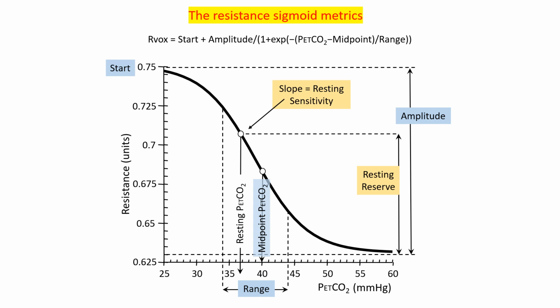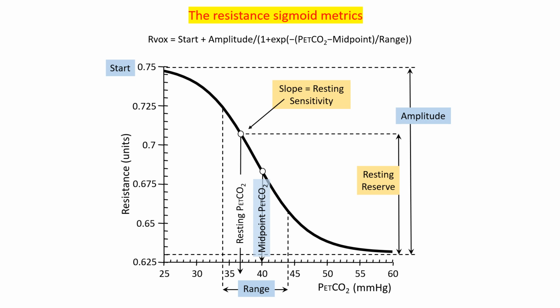The model simply converts the BOLD signal variation in response to the global CO2 stimulus into a more physiologically meaningful sigmoidal resistance form, where the parameters of the resistance sigmoid provide a description of the voxel BOLD response to a global carbon dioxide stimulus. The resistance sigmoid is still a result of both vasodilation with CO2 and vascular network pressure changes because it is derived from the BOLD signal response.